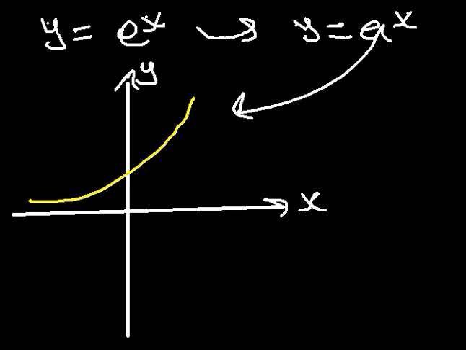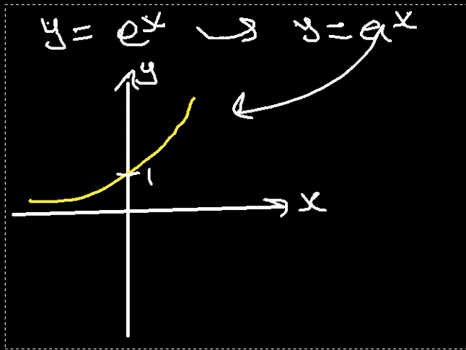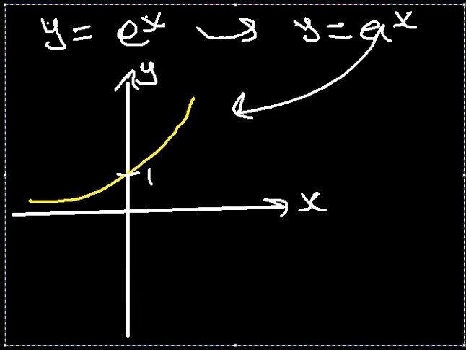Now let's say we have this case, where this is the y-intercept, and that's the reference point of intercept. Now let's say we have y is equal to a to the power x plus 2.